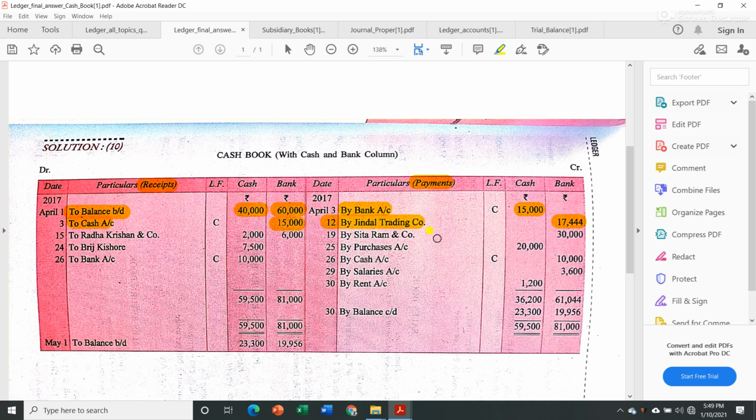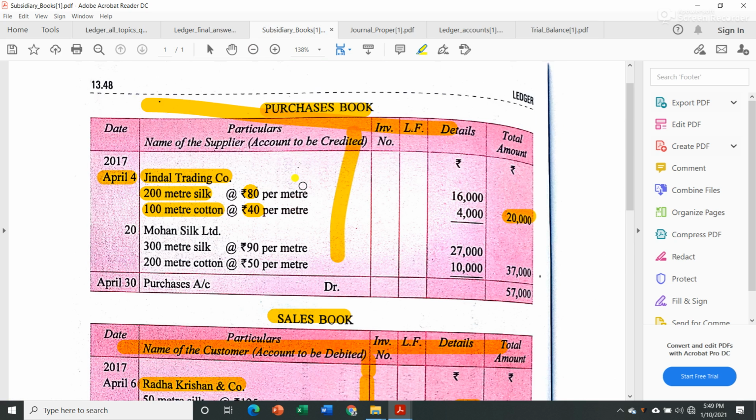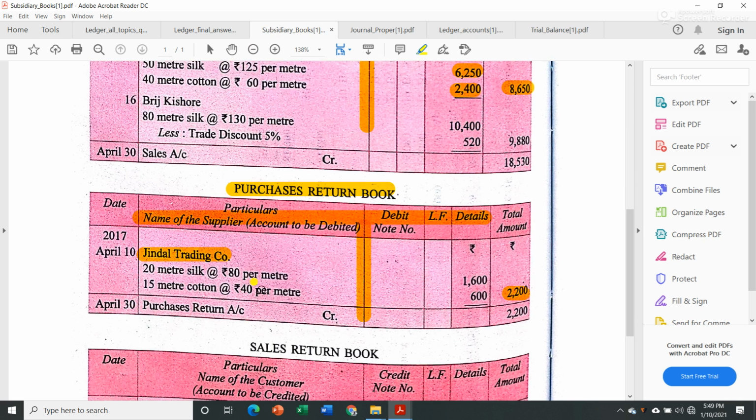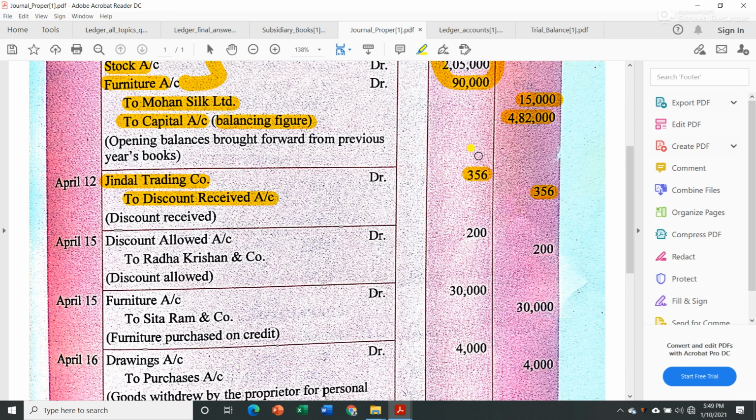Now let me repeat one more time. At first we purchased some goods from Jindal Trading Company worth rupees 20,000. Then again we returned him 2,200 worth of goods. That left us with the balance amount of 17,800. Now in the question they said that we received a cash discount of 2%. So 2% of that 17,800 is 356.